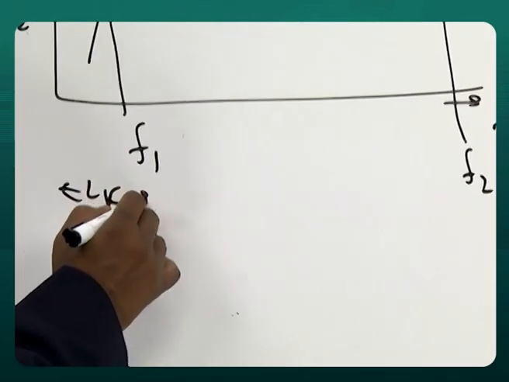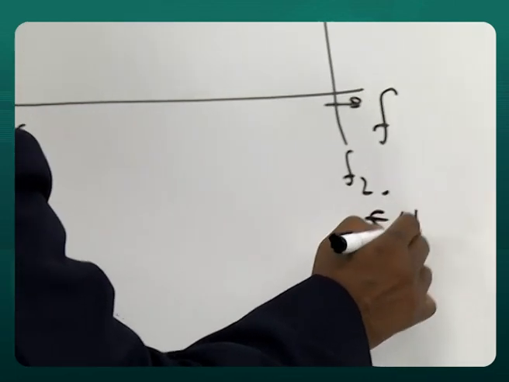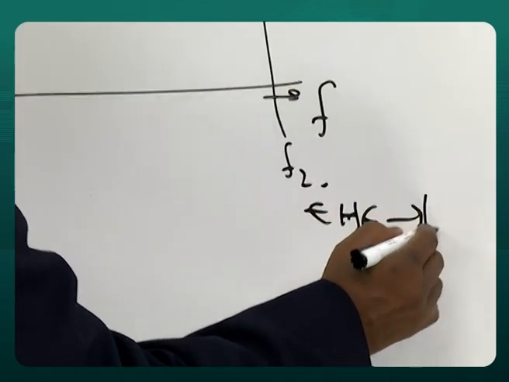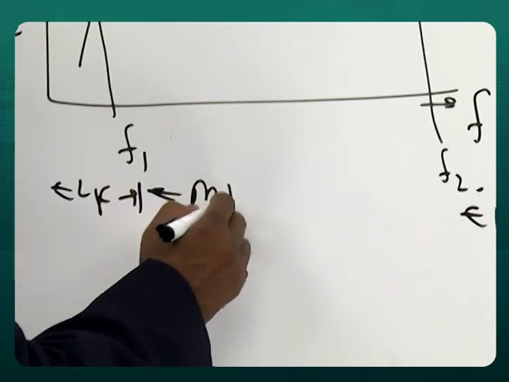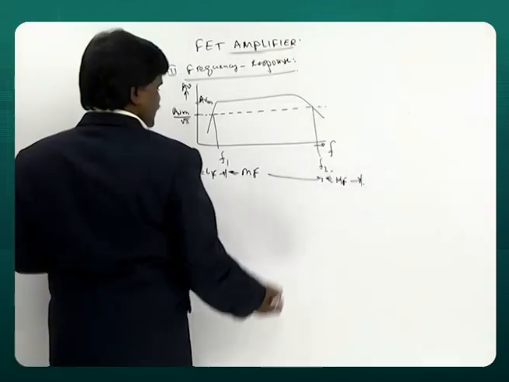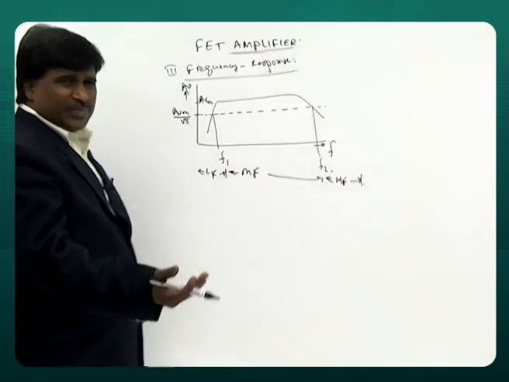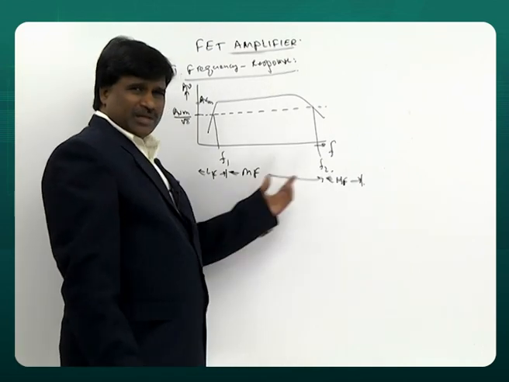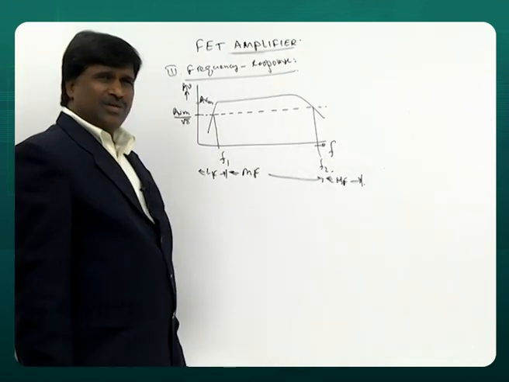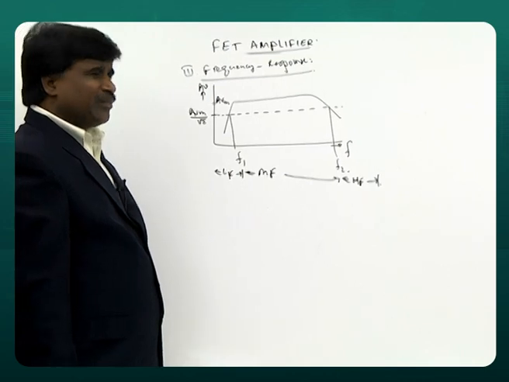This is low frequency, high frequency. In between, mid frequency. Very simple reason: the lower one is called low frequency, the higher one is called high frequency, the middle one is called middle frequency or mid frequency.